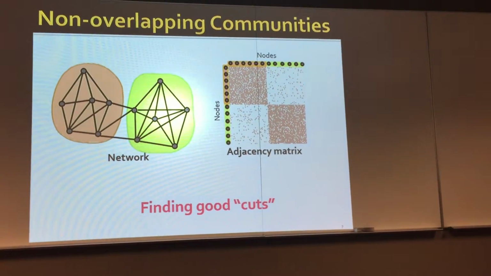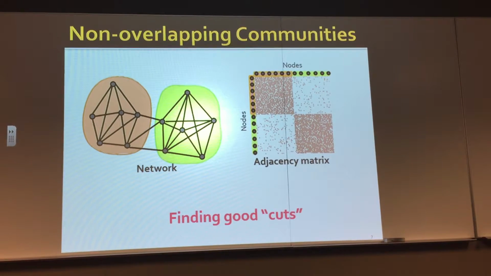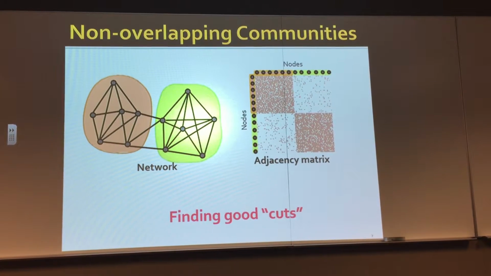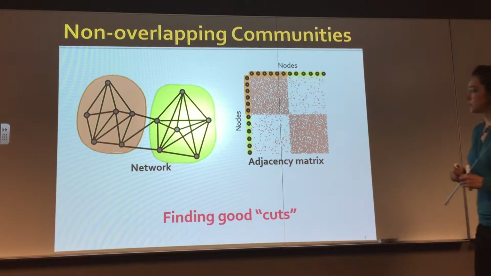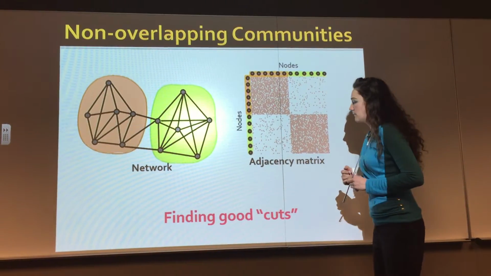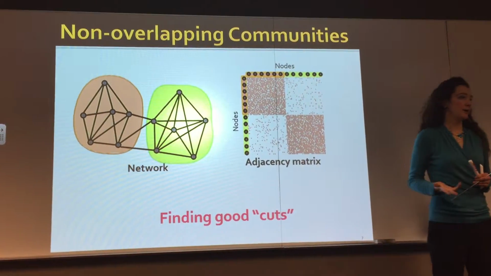If we think about how to represent that, there's something called the adjacency matrix. The adjacency matrix is very similar to the matrix that we have seen when we did PageRank.